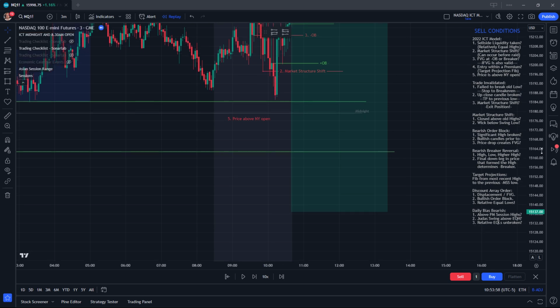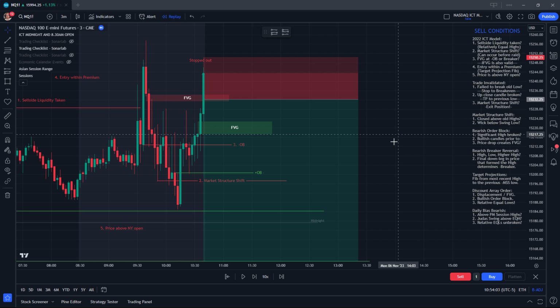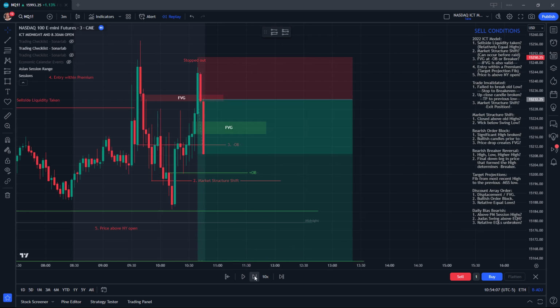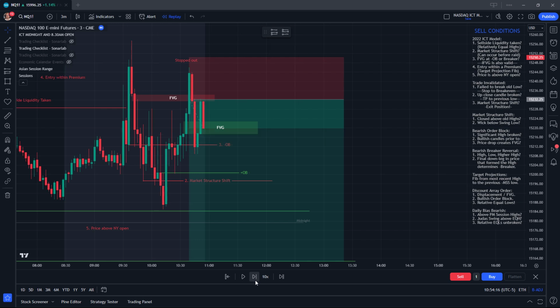this level. Okay, so now that we've mapped out all of our discount array zones, now we can actually watch price with some context. Okay, it's balanced out the displacement there, and now we can expect some sort of retracement. It retraces back into the fair value gap where we entered, so there's another opportunity to enter the trade.